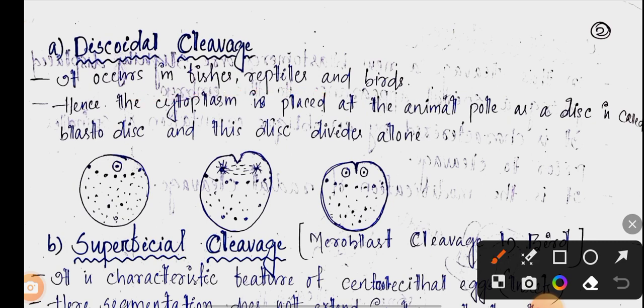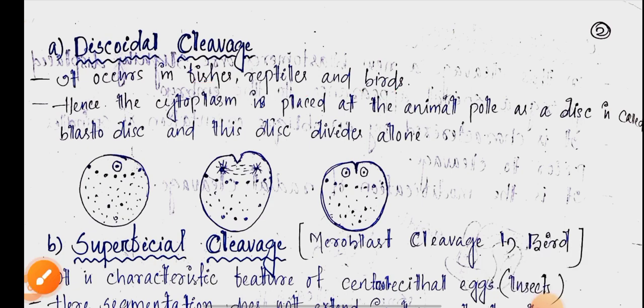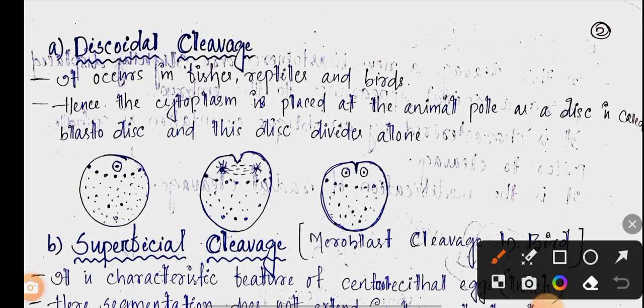Here cytoplasm is placed at the animal pole, and this is called the blastodisc, and this disc alone divides. Here two types of blastomeres are formed.